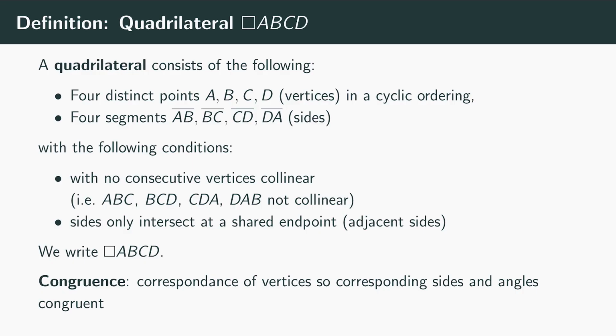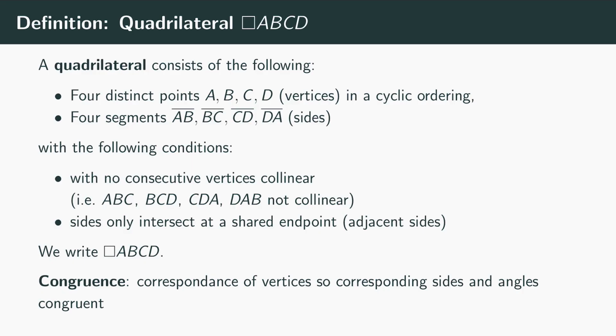So a cyclic ordering means that B follows A, let's say, C follows B, D follows C, and then A follows D, etc. I just want to be able to do that so we can talk about the next or previous vertex. We actually don't care about which direction we go, we just care about who is next to who.